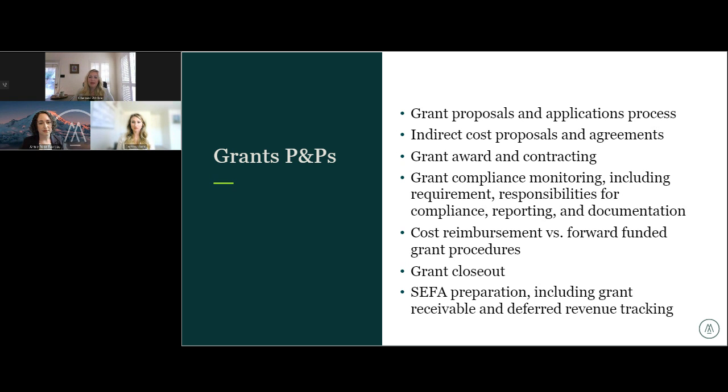And then really making sure that we understand what is a grant receivable on our books, and then the deferred revenue tracking. So making sure that those individuals are identified early on will be successful to making sure that the single audit process really is something that we can move forward through easily.